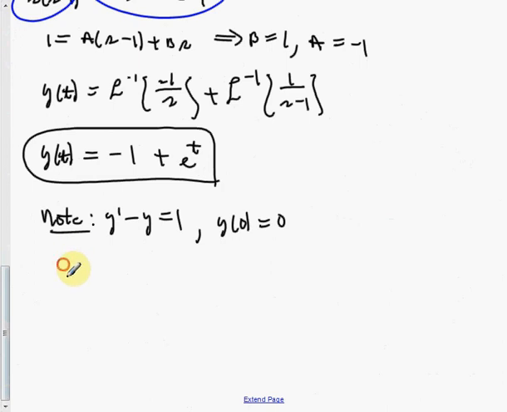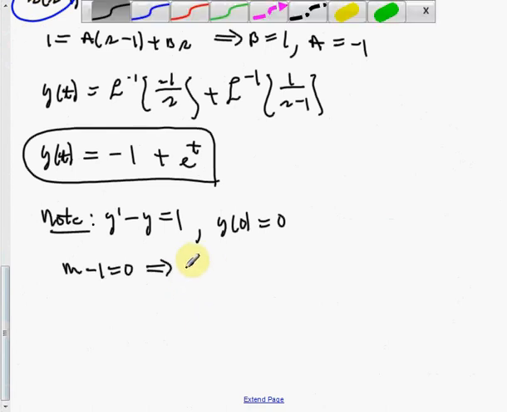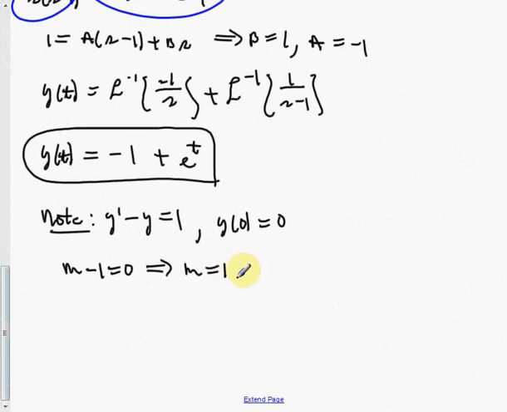So my auxiliary equation is m minus 1 is equal to 0. It gives me m is equal to 1. So that means that y sub c is c sub 1 times e to the 1t, or just e to the t, right?